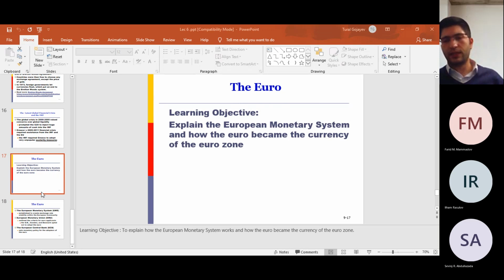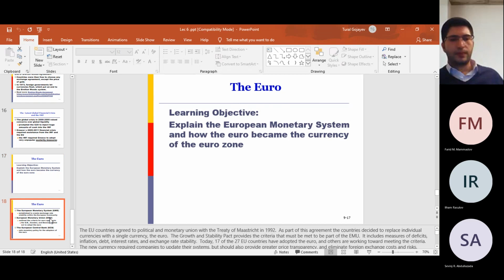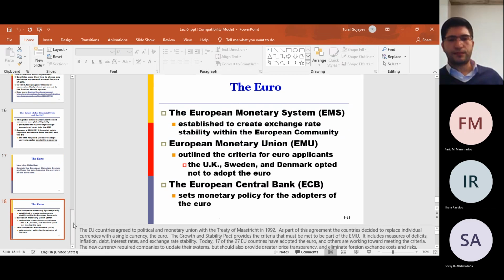Great Britain, England, actually is not a part of the European Union anymore, but in former times England had its own currency as well. Sweden also has its own currency, and Poland, etc. That's why they are not members.